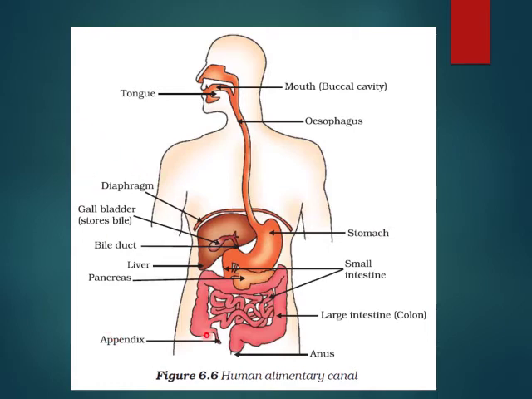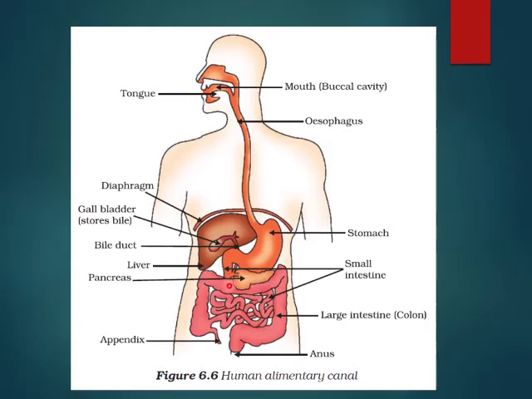This is the diagram of the human alimentary canal. It starts here in the mouth. There is the tongue and buccal cavity in the mouth, then the esophagus, then the diaphragm, then the stomach. On the side of the stomach there is the gallbladder and bile duct. This is the liver. Then this bile duct is connected with the pancreatic duct, and on the side there is the pancreas.